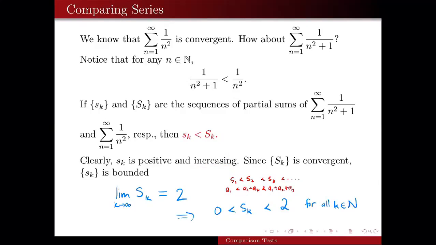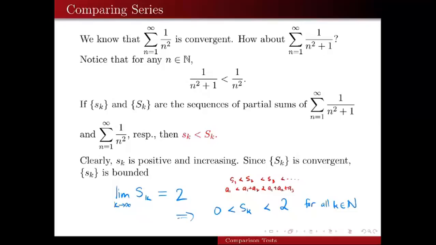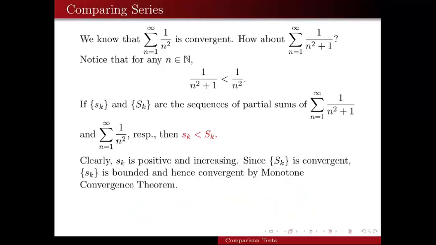So now you have a sequence, S sub k, which is increasing, meaning it is monotone, and is also bounded. So remember the theorem: if you have a sequence which is monotone and bounded, the sequence is convergent. The monotone convergence theorem.